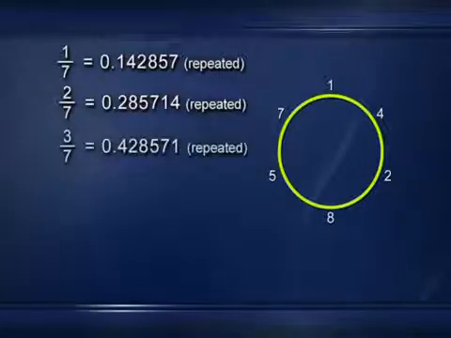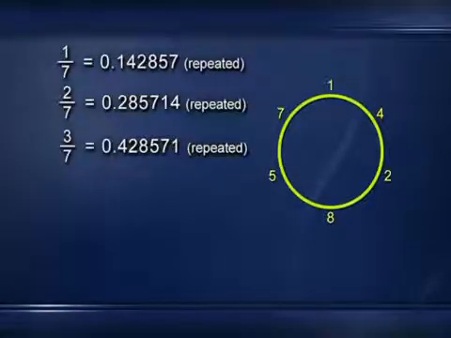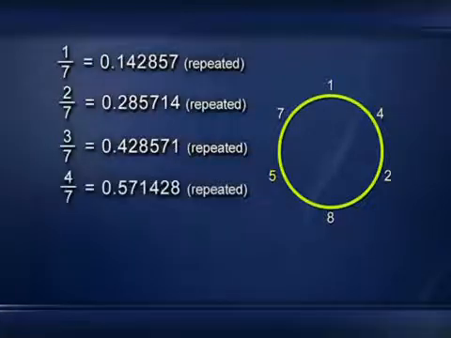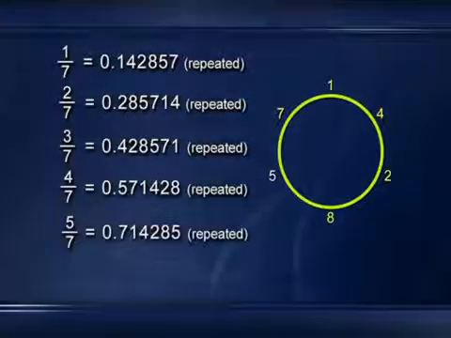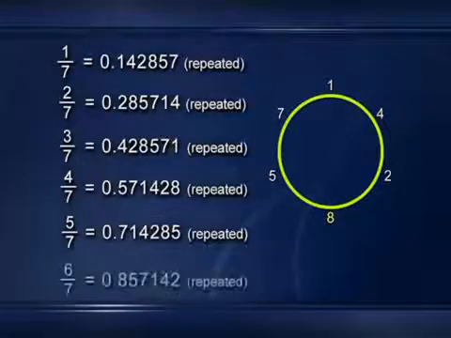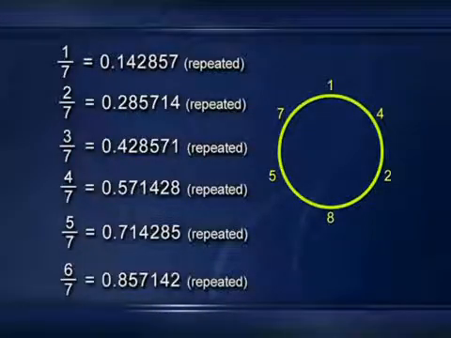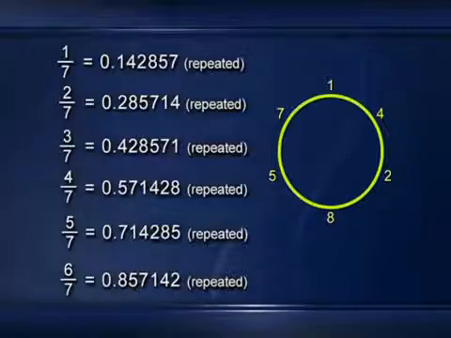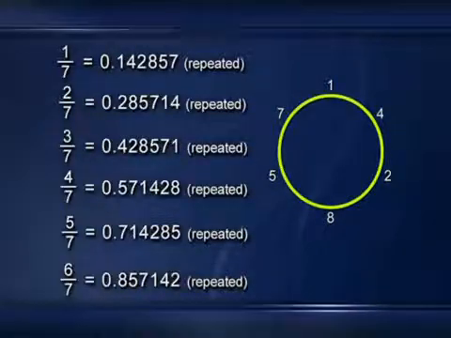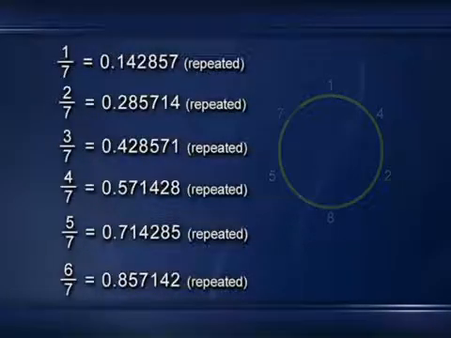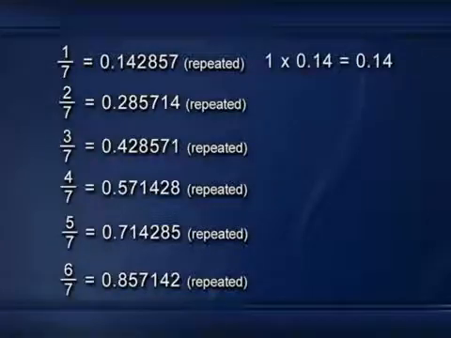And 3/7 is 0.428571 repeated. 4/7 is 0.571428 repeated. 5/7 is 0.714285 repeated. And 6/7 is 0.857142 repeated.